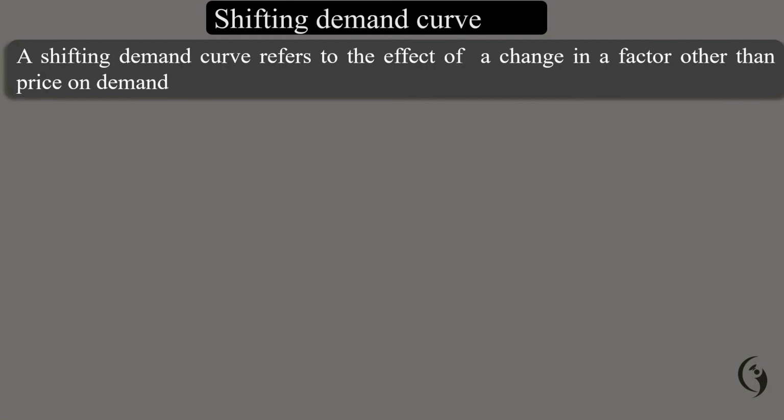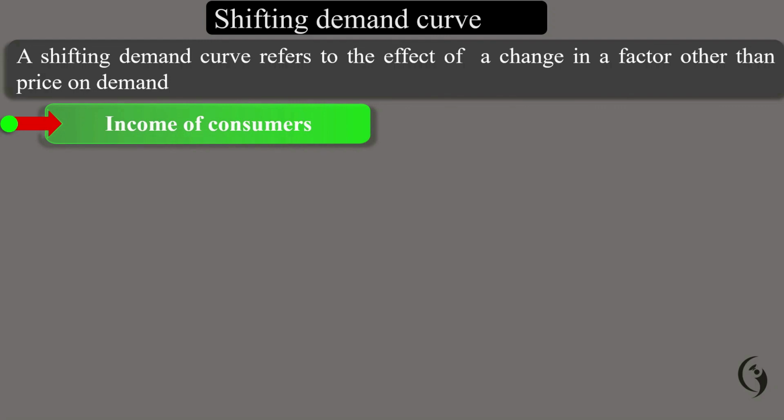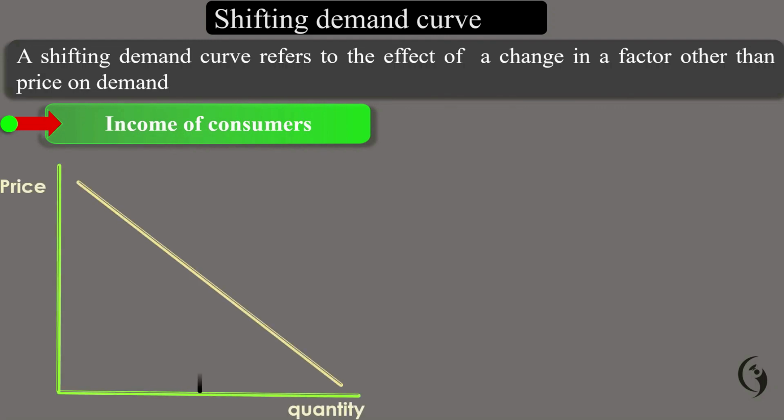Here is one example: a shift in the demand curve refers to the effect of a change in a factor other than the price of the good. When the income of the consumer increases, the quantity demanded by the consumer increases.